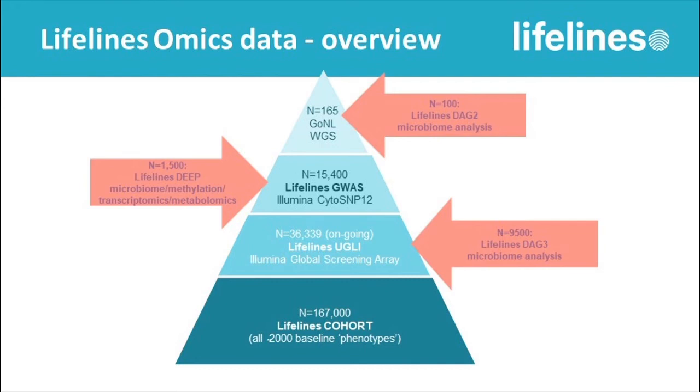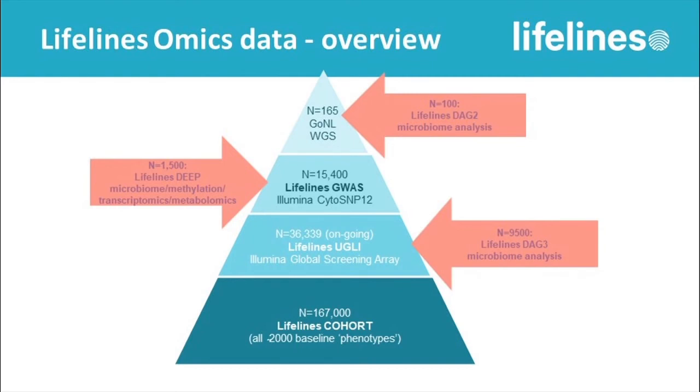For about 36,000 participants, genotype data is available, which was generated using the global screening array. This is actually the second population which was genotyped. An earlier population of about 15,000 participants was genotyped using the cytosnip array.